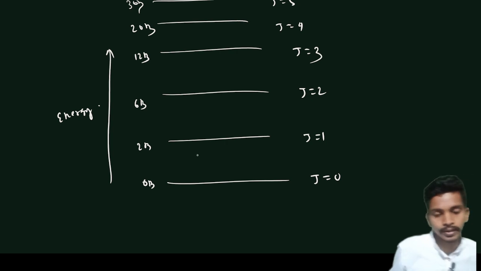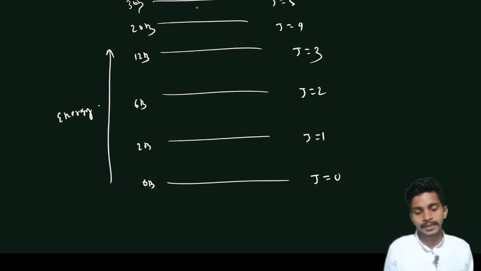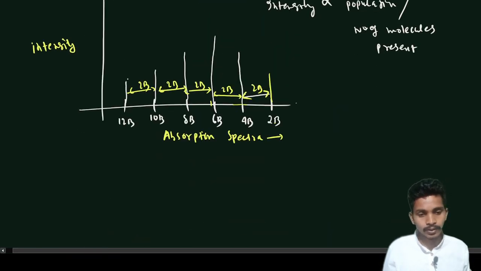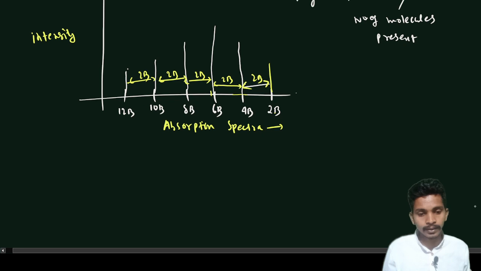Now the question is, what will be the intensity? Intensity is related to the populations. This graph is the actual spectrum, the observation spectra, and intensity is directly proportional to the populations.